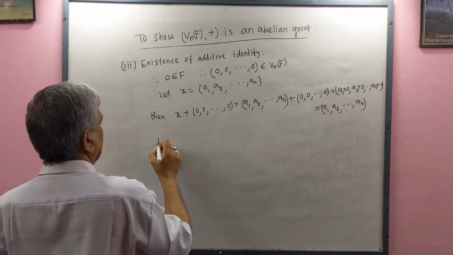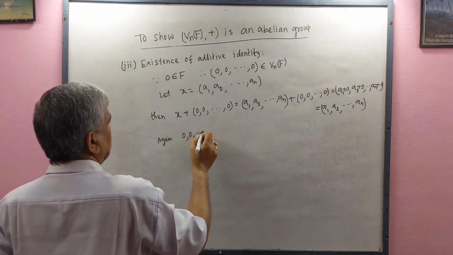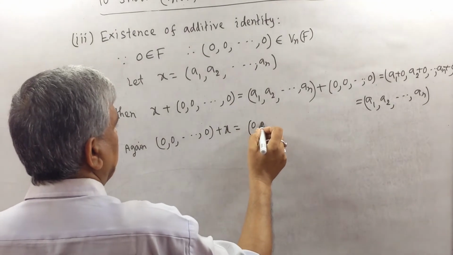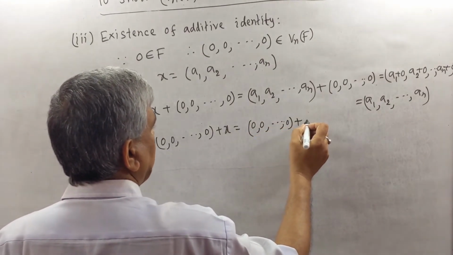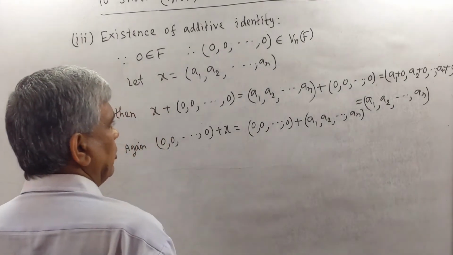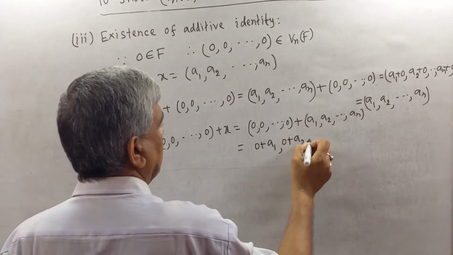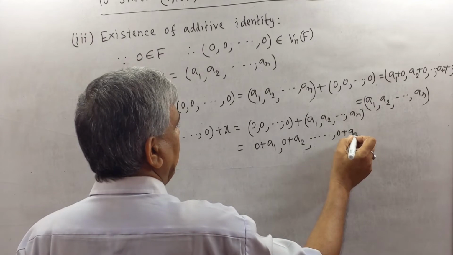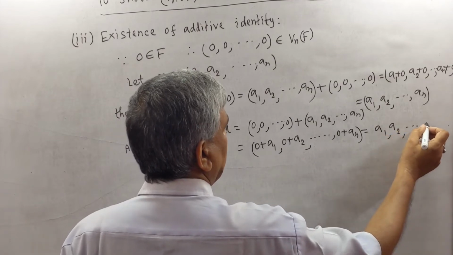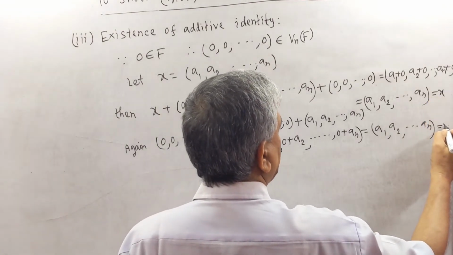Again, (0, 0, ..., 0) plus x equal to (0, 0, ..., 0) plus (a1, a2, ..., an) equal to (0 plus a1, 0 plus a2, ..., 0 plus an) equal to (a1, a2, ..., an). Here this is x, this is also x.